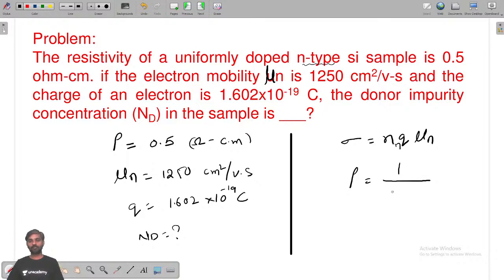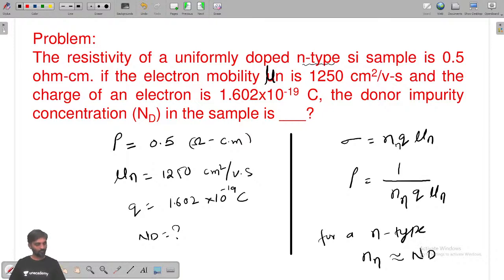So for an n type, n is almost equal to Nd.